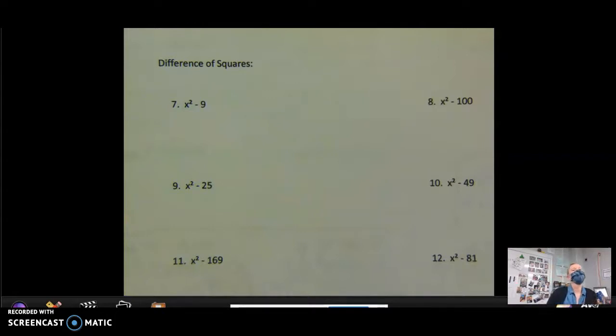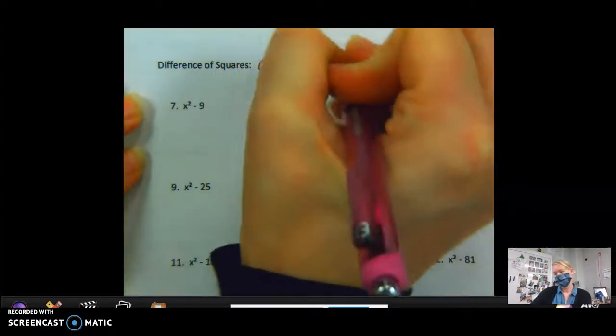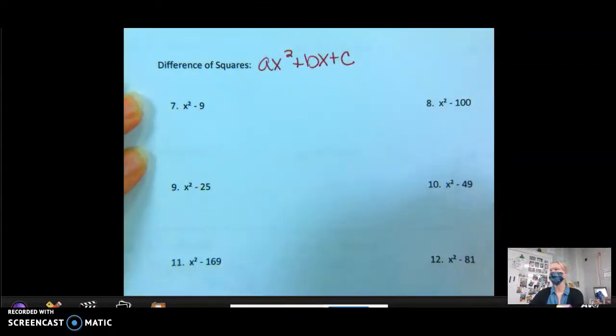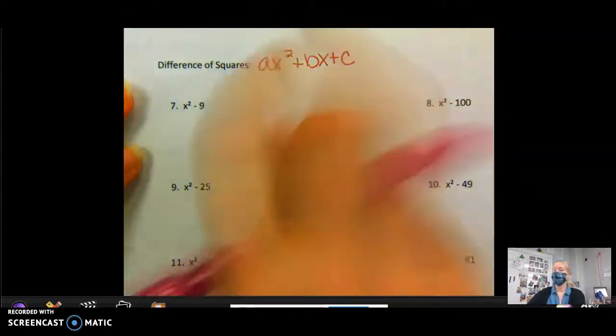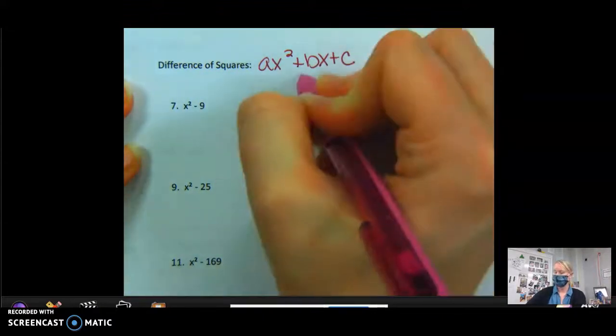Okay, I want you to skip down to something called a difference of squares, number 7. How does number 7 look different than the ones that we've been typically completing? It doesn't have 3 terms, right? Which term is it missing? The first one, the middle, or the last? The middle. So this is how we actually write these: ax squared plus bx plus c.